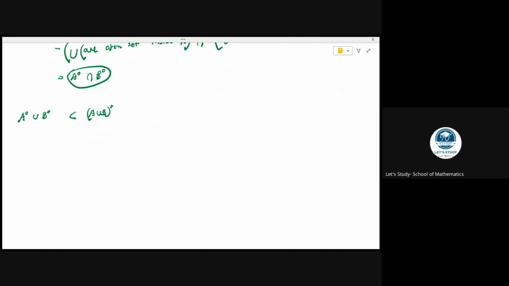That is from the previous result. So A interior is inside (A union B) interior, and B interior is inside (A union B) interior. That is why it is equal. Proved.